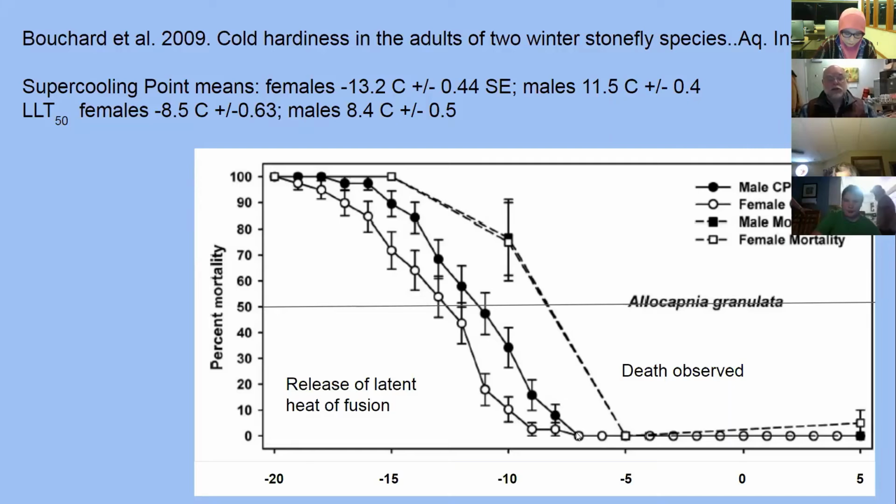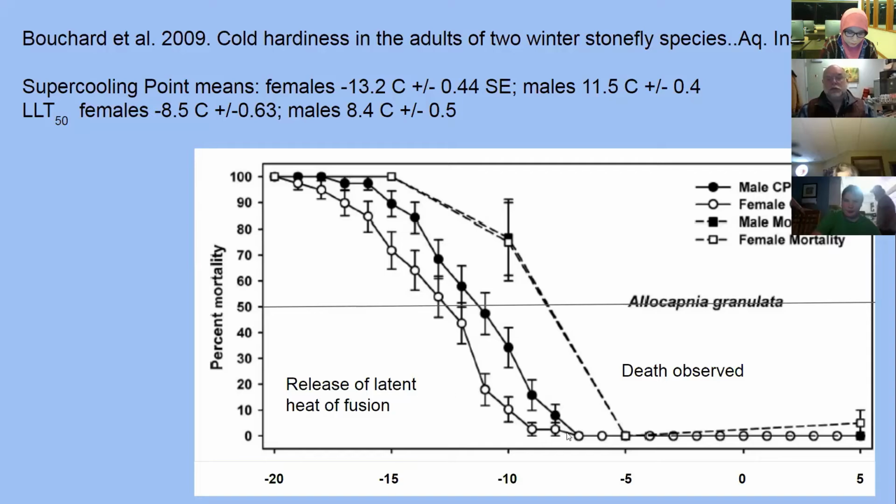And then they slowly decrease the temperature on them. In one instance, they're trying to measure this loss of the latent heat of fusion. They can measure a slight change in the temperature that indicates to them that the specimen has just frozen.